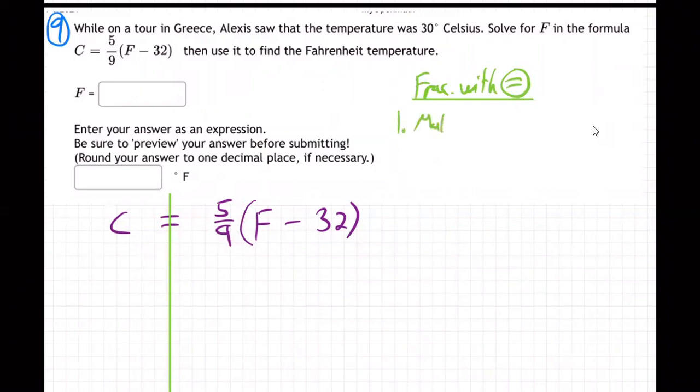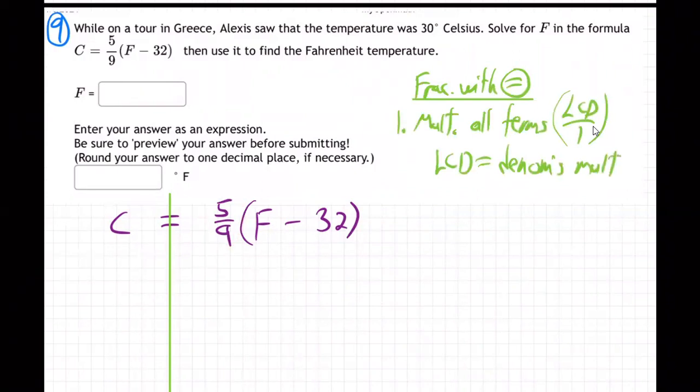You multiply all the terms by the LCD over 1, where the LCD equals the denominators multiplied. The only denominator is the 9, right?